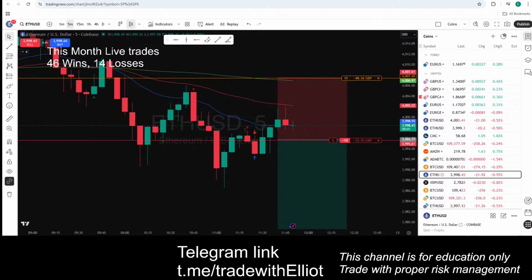So that would be about right here. However, after going through my morning routine, I don't get to the charts until about 6 a.m., which would be about here, okay? Right where the vertical line is at 6 a.m. So yes, it's still part of London session, but London session is coming to an end and we're just going to be heading into New York session. So I know that that's my preferred time to trade.